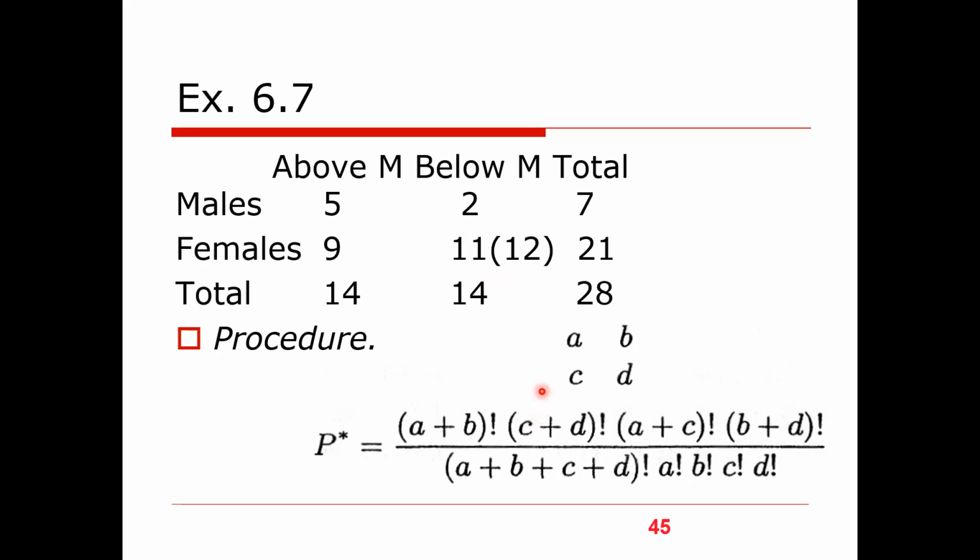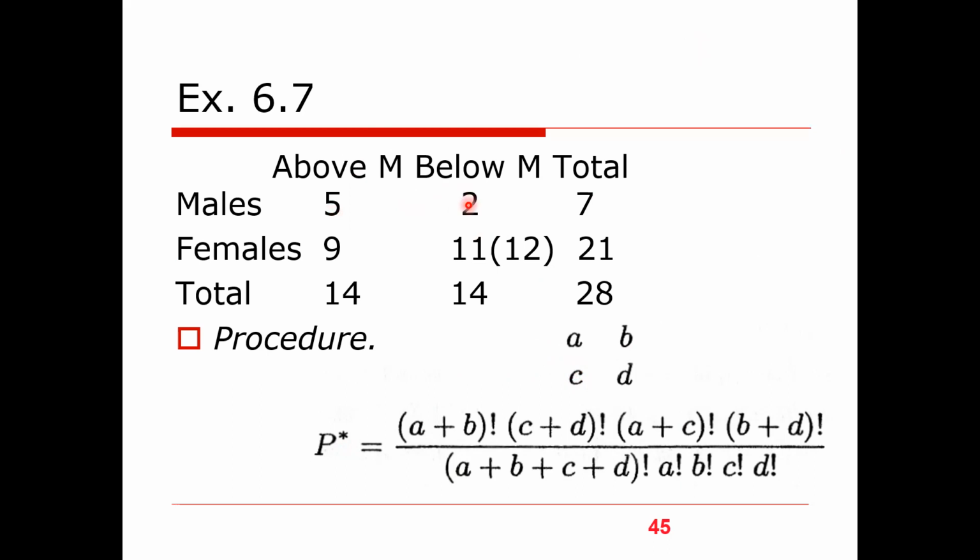And in this way, given we have the 4 cells, numbers A, B, C, D, they are here, right? And we can use this equation here, P asterisk, to compute the p-value. So the meaning of this p-value is that given there are A plus B observations in sample 1, what's the probability to have A above M and B below M?